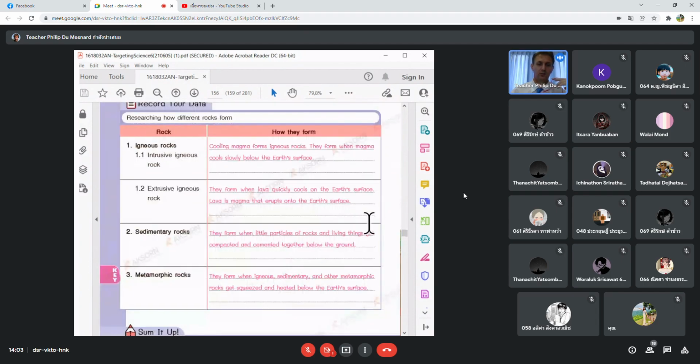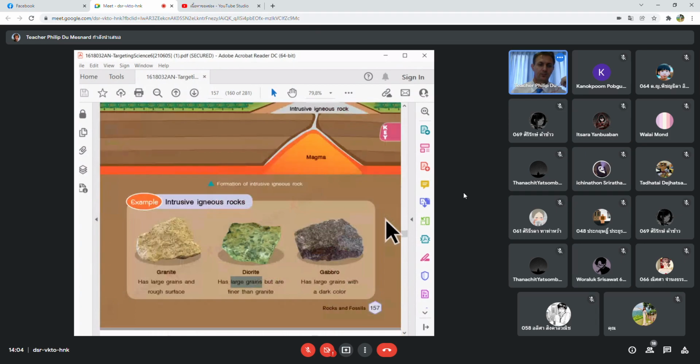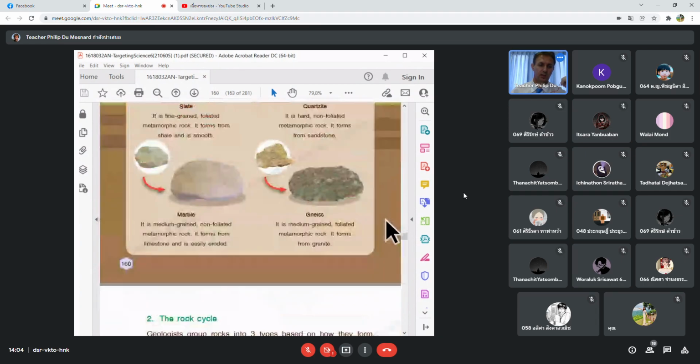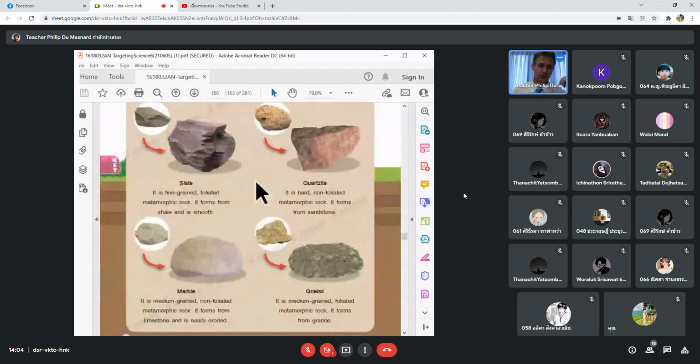Okay, if I ask you which rocks form when it's very hot and there is a lot of pressure, class, do you know which rock that is? So that would be this one. When the rock is changed into something else.